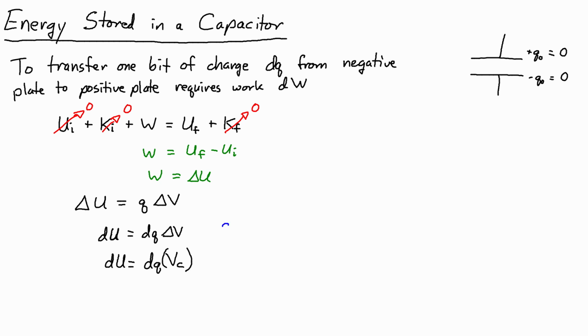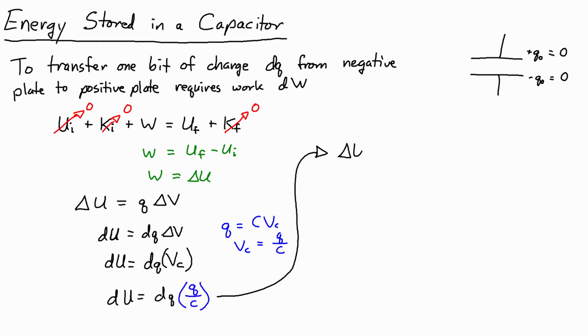Now, for a capacitor, remember Q is equal to C times the voltage across the capacitor, so if I isolate Vc, I just get Q over C, and I can substitute that in. Then the total change in potential energy is the integral of dU from the initial condition to the final condition. The reason I need to integrate is because the voltage across the capacitor changes as charges are transferred. We don't have a constant delta V. Delta V is different for every tiny piece of dQ.